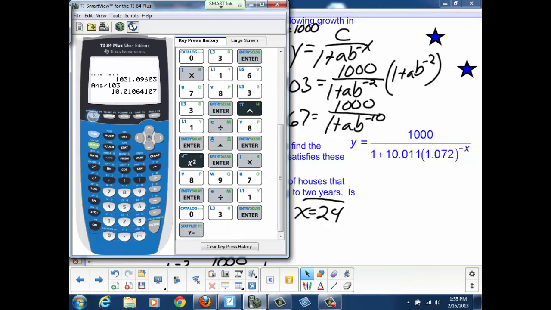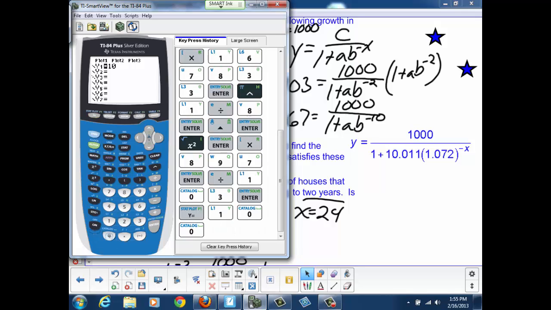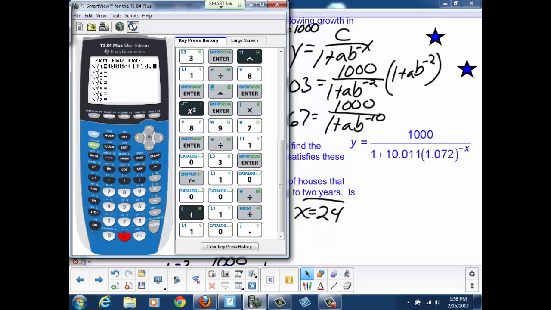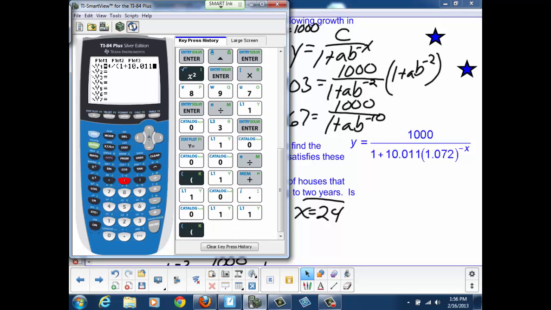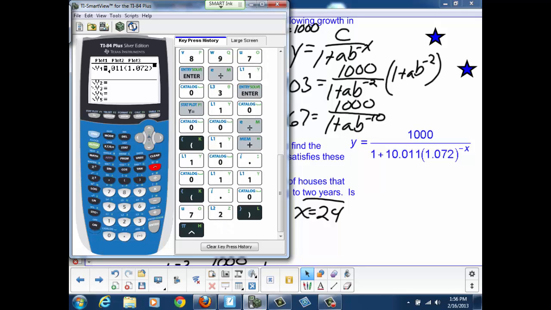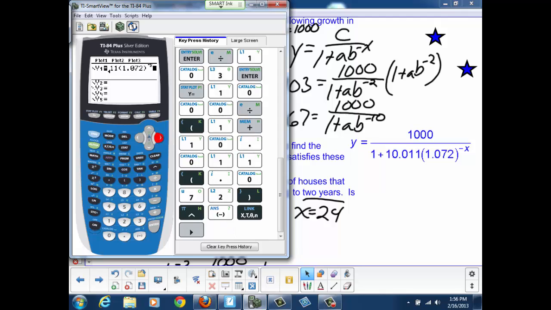Let's go to y equals, and we'll put in our equation 1000 divided by the quantity, make sure you put this in parentheses, 1 plus 10.011, another parentheses, times 1.072, close that parentheses, raised to the negative x, and drop back down, and close the parentheses one more time. So there is our function in our calculator.